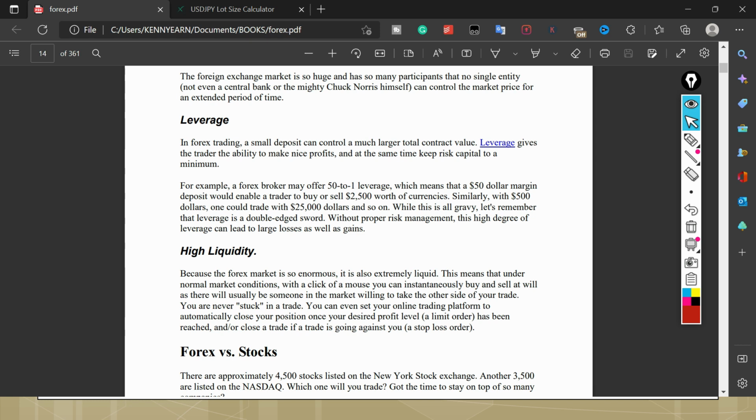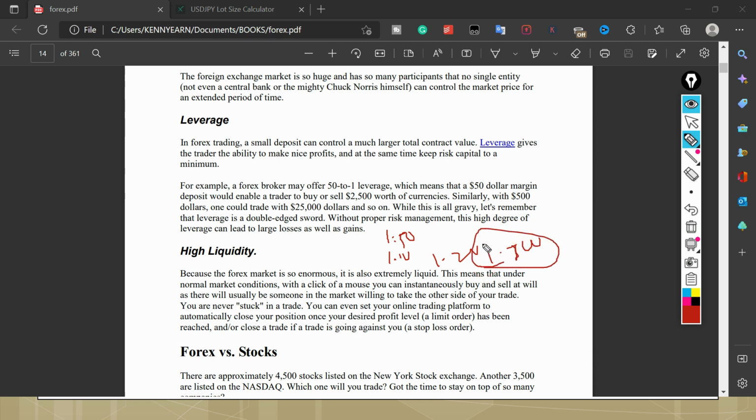Leverage is kind of like borrowing money from your broker to trade. We have leverage starting with 1 is to 50, 1 is to 100, 1 is to 200, and 1 is to 500. Most of the time we use 1 is to 500 by default.